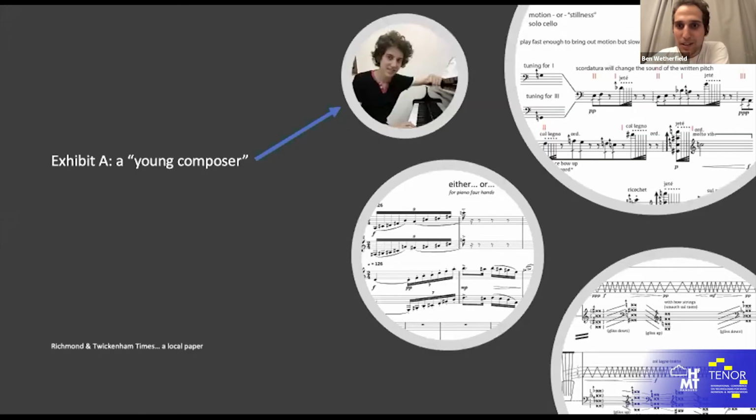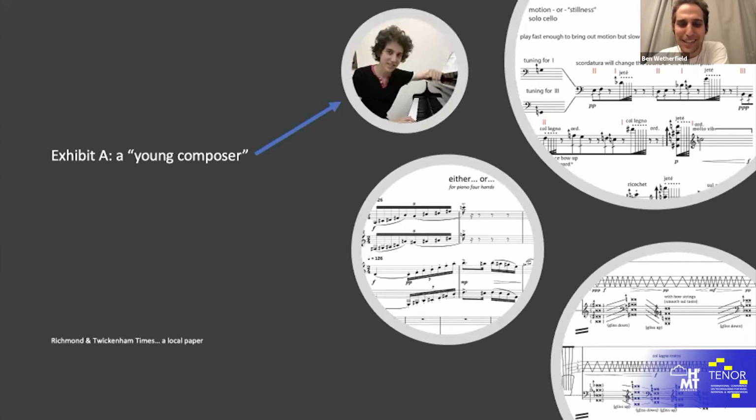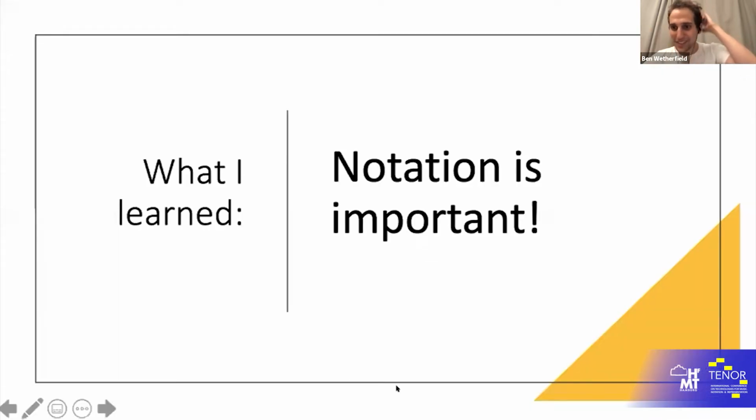So this is just to give a quick demonstration of my credentials. I used to do the composition thing in my teenage years and into my early adulthood. I'm sure a lot of people have that background, but what I learned is that notation is important.